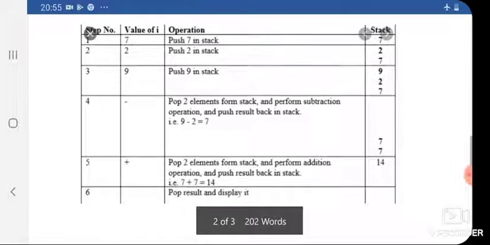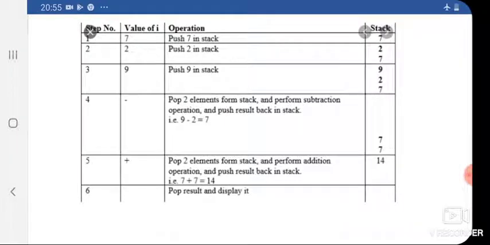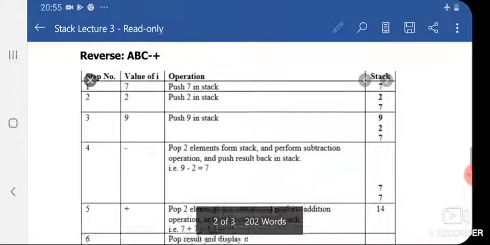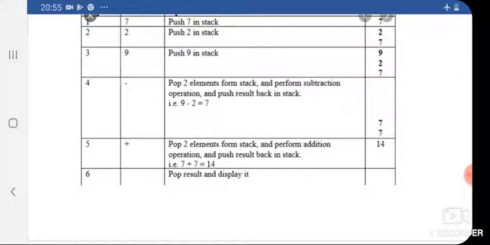Therefore inside the stack there are 2 values, 7, 7. Next incoming symbol is plus. Again which is an operator, we pop the first 2 operands from the stack. Let us say them as s1, s2. Therefore we pop out 7, 7, and we perform s1 plus s2, that is 7 plus 7 equal to 14. I push the result back to the stack.